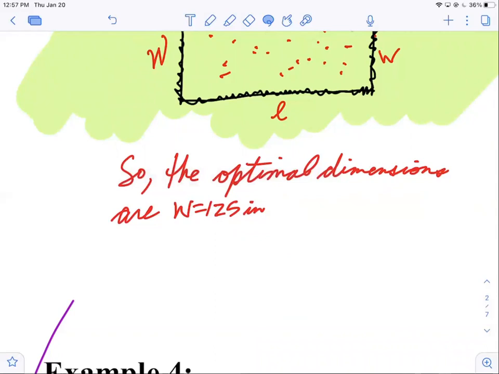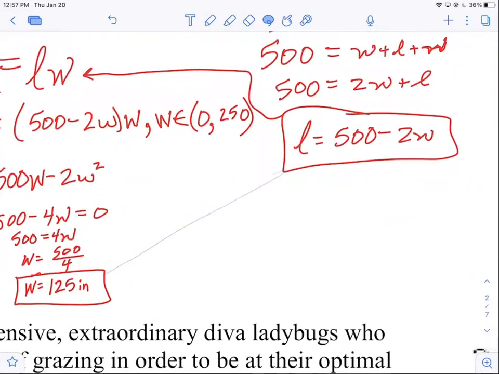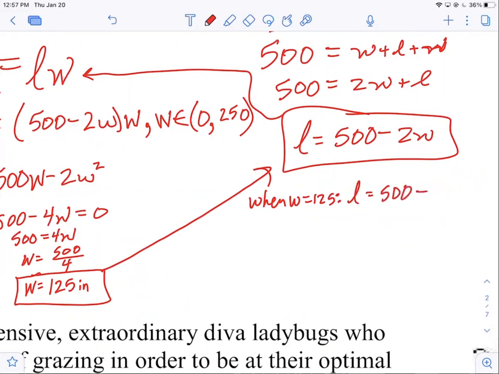Because it's square, right? No, not necessarily. We never found it. Let's circle back real quick before we answer the question. And again, we'll say when W equals 125, we get L equals 500 minus 2 times 125, which is 250. And so we get L equals 250 feet.